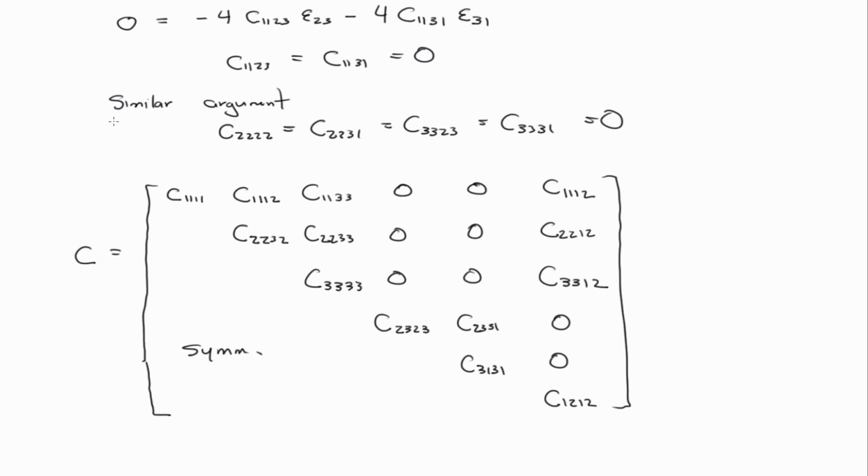So then your material constants reduce to this. This is called a monoclinic material. It has 13 independent constants.